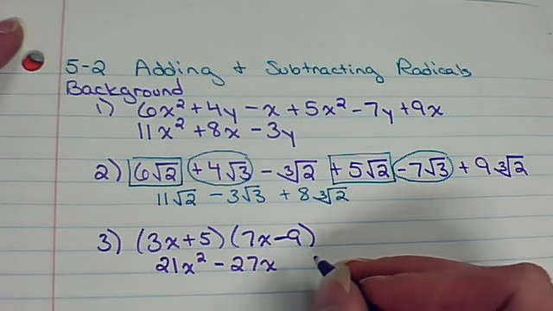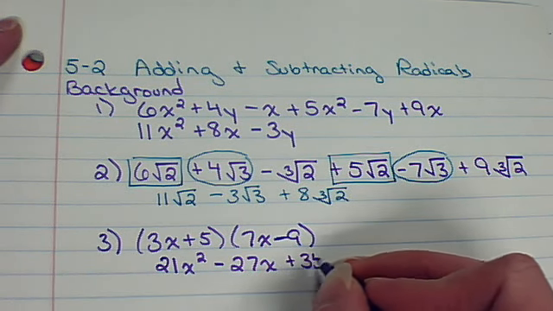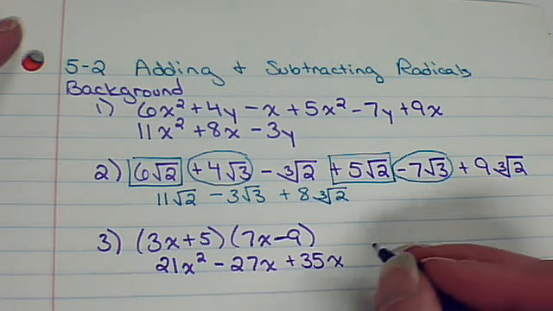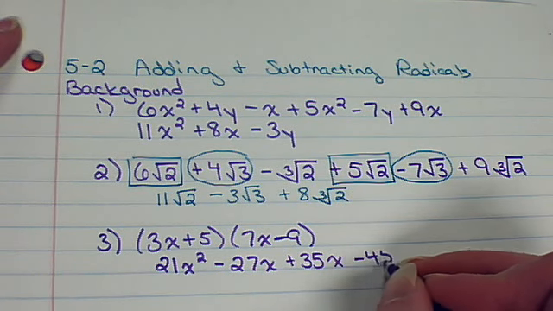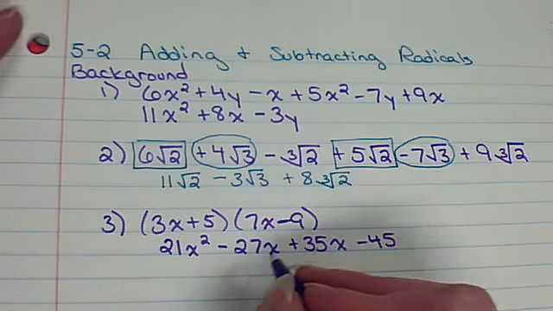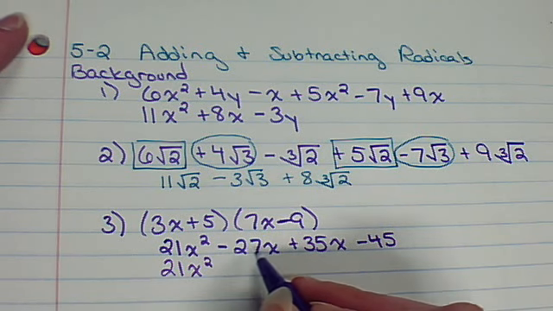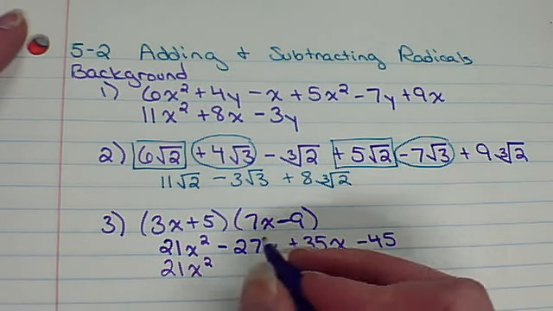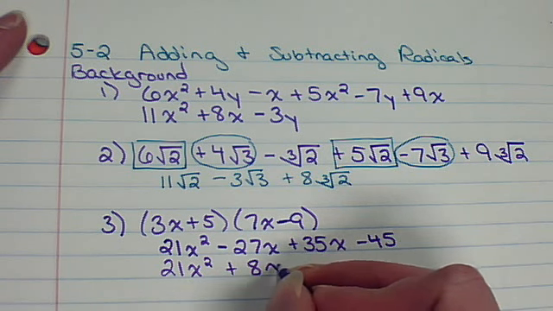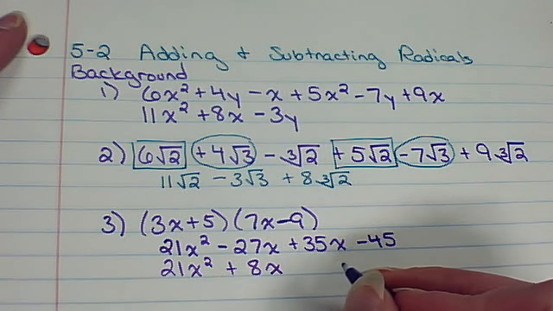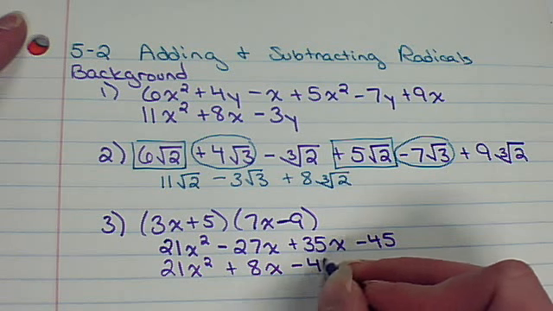Then 5 times 7x is 35x. And then 5 times negative 9 is going to be negative 45. And now we can combine our like terms. There's 21x squared. Then negative 27x plus 35x gives me 8x. And then we have minus 45.